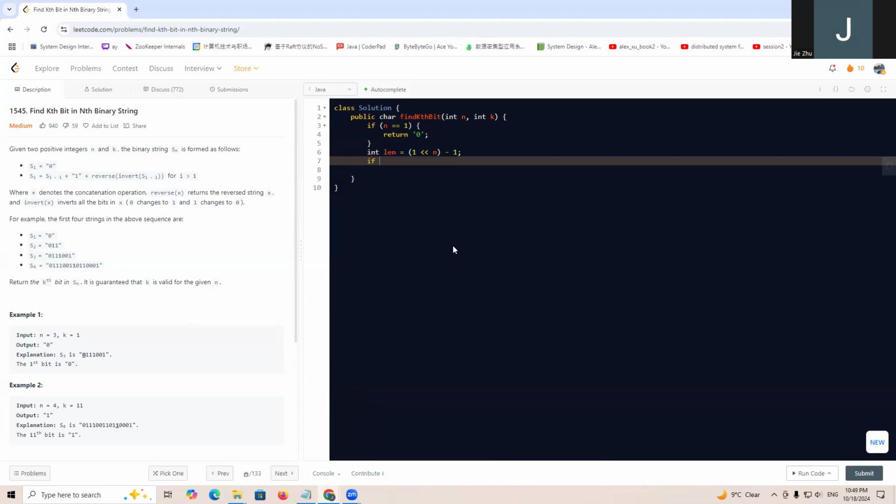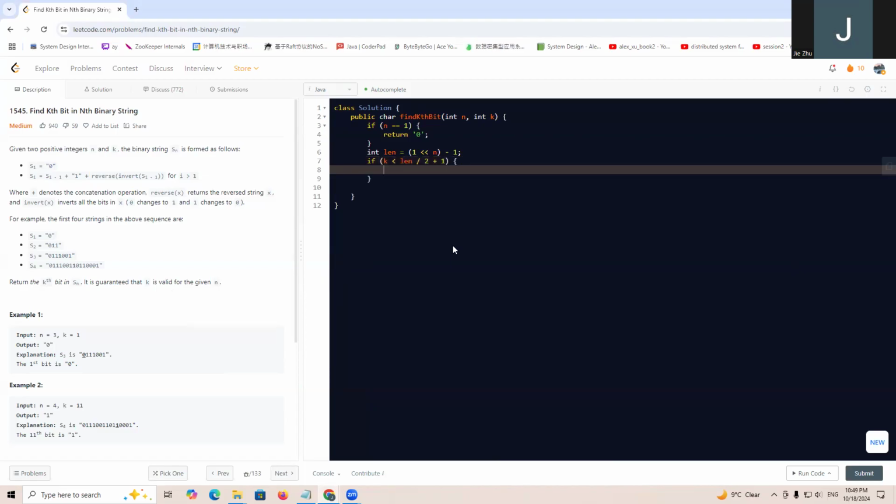So if k is smaller than length divided by 2 plus 1, we just make a recursive call to the previous round, returning find n minus 1, k.